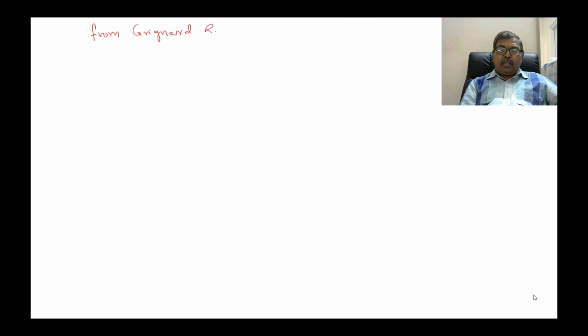Very important reaction: from Grignard reagent. HC double bond OH, see, RC double bond OR.